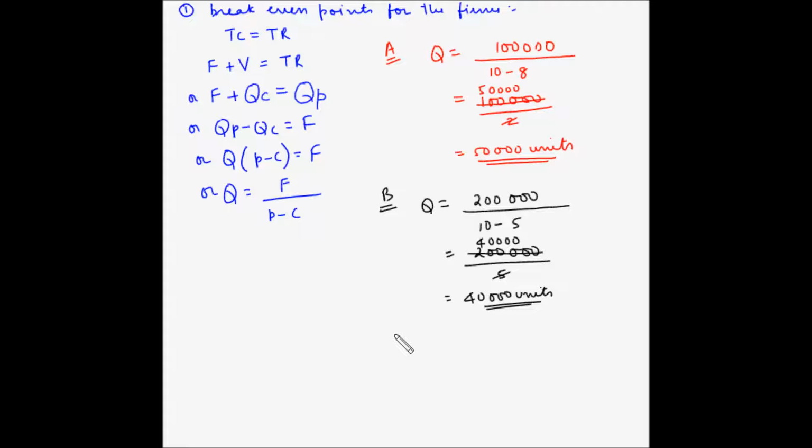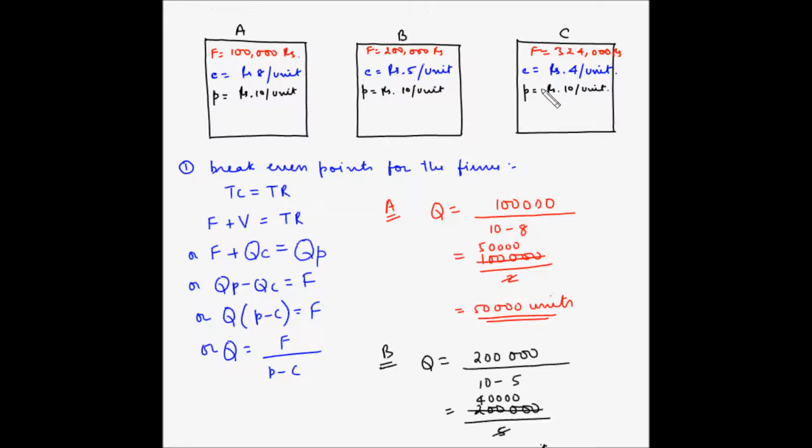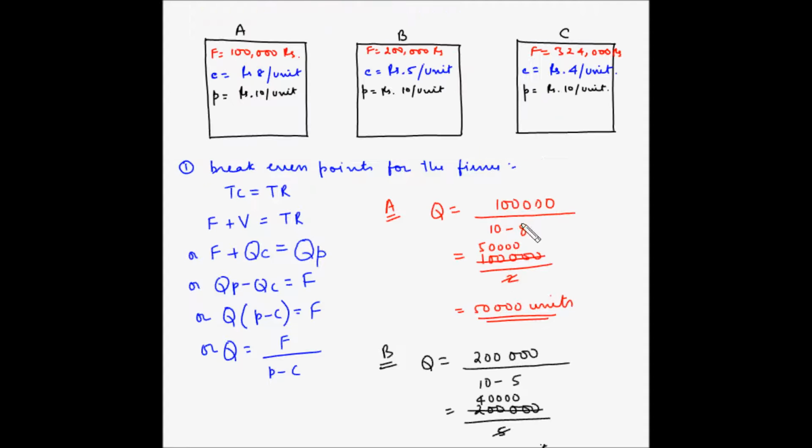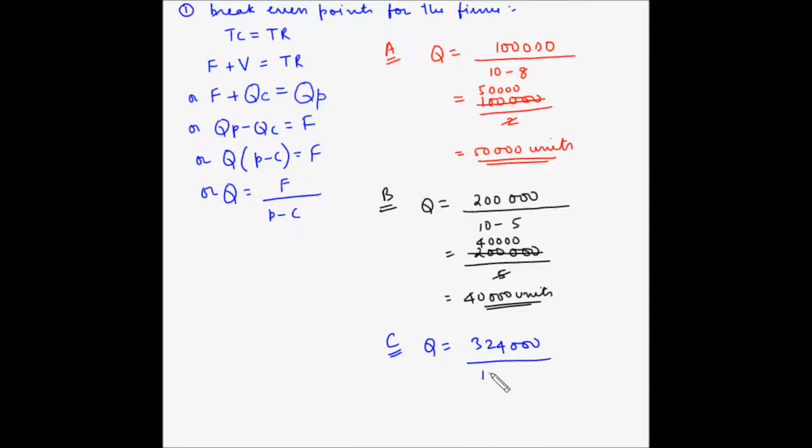Now same thing for C. So Q is equal to, the fixed cost for C is 324,000 rupees, divided by P, which is 10, minus C, which is 4. So 10 minus 4, 324,000 divided by 6.